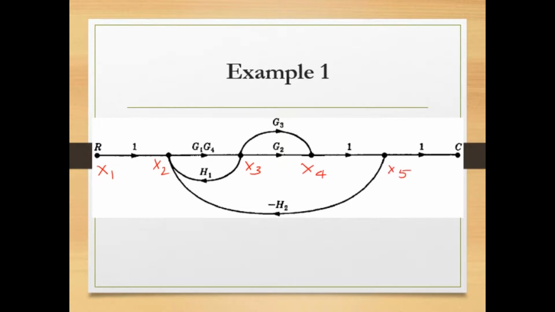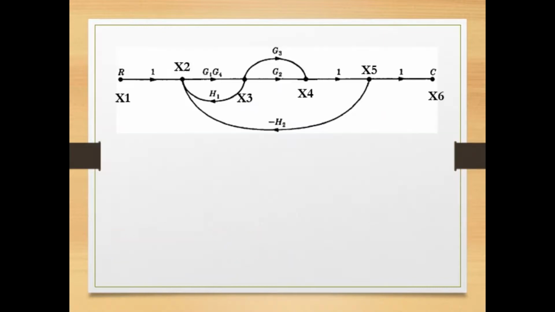Our input node is the one which has only outgoing branches. So the input node is x1, which is nothing but node R. Similarly, the output node is x6, which is nothing but C. Now next we'll see the forward paths and the loops.